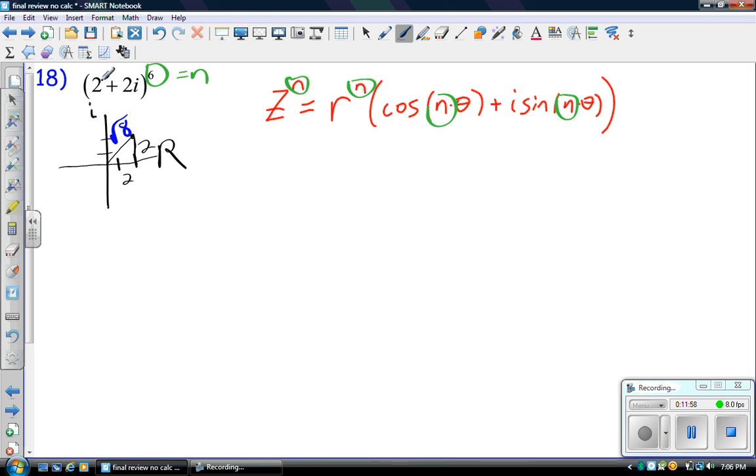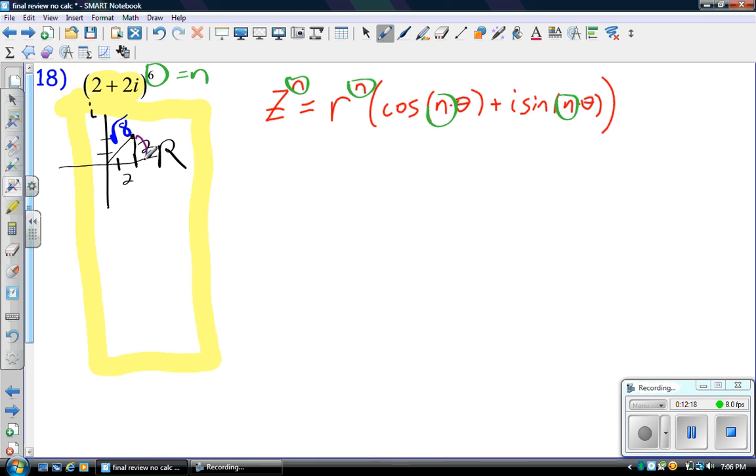And again, right now all I'm doing is converting this stuff that's in the parentheses to polar form. That's what all of this work that I'm doing over here is going to be. So I've got the radius, and now I just need the angle.